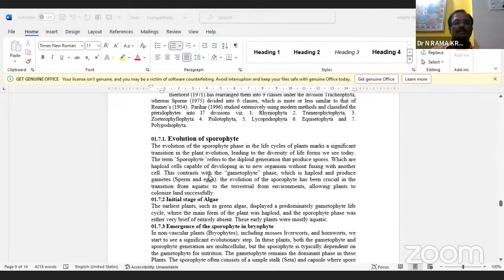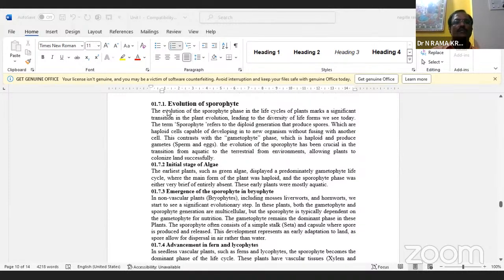Next, the last point is the evolution of the sporophyte. The evolution of the sporophyte phase in the life cycle of plants marks a significant transition in plant evolution, leading to the diversity of life forms we see today.